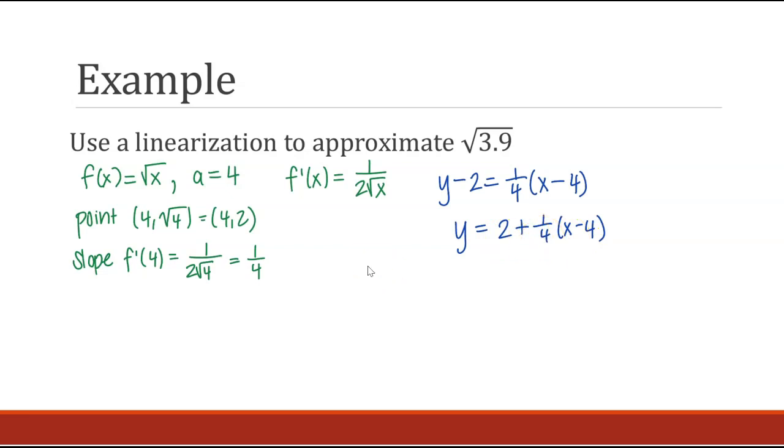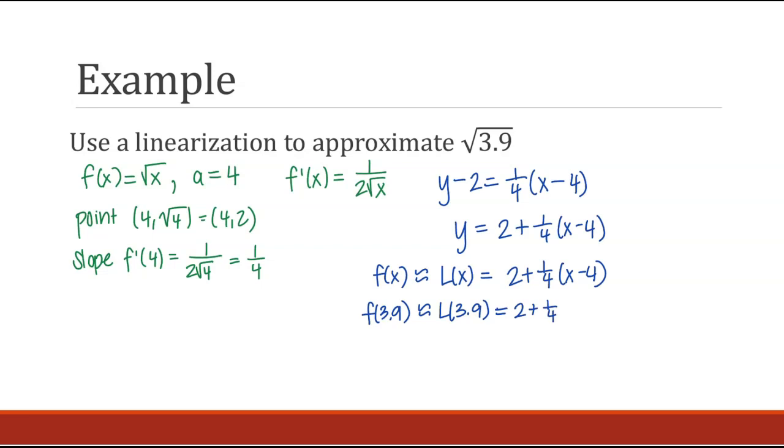So basically what we know is that our function f of x is approximately this linearization L of x, which is 2 plus 1/4 times x minus 4. So we want to approximate the function at 3.9. So f of 3.9 is approximately L of 3.9, which is 2 plus 1/4 times 3.9 minus 4.